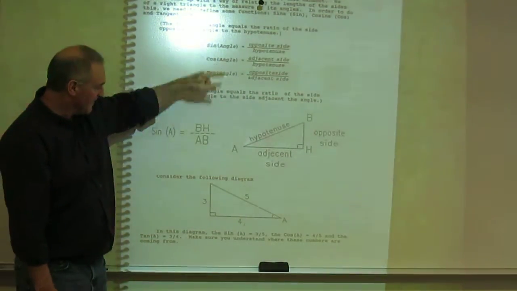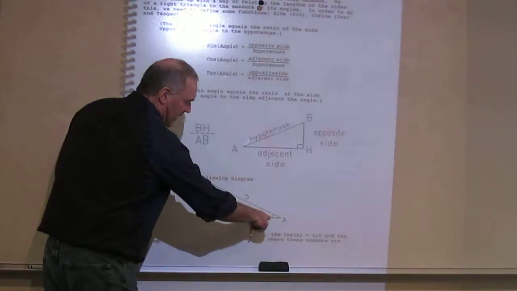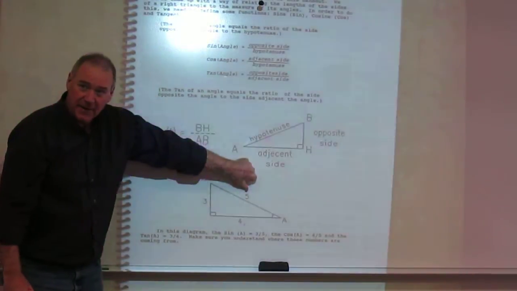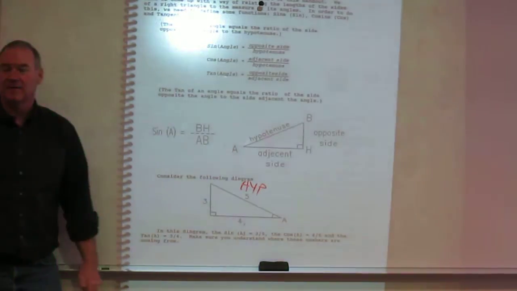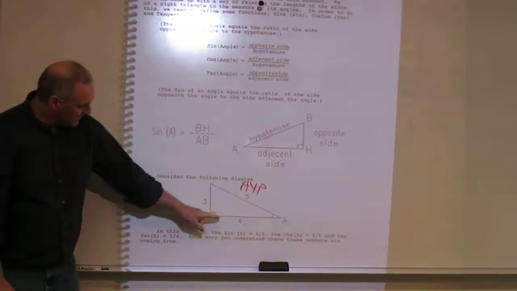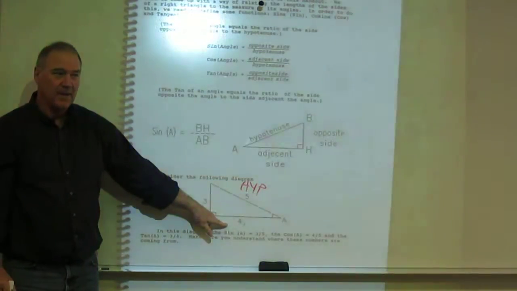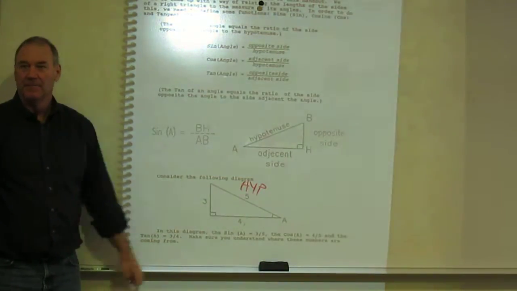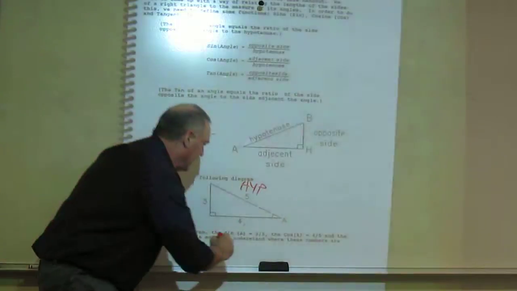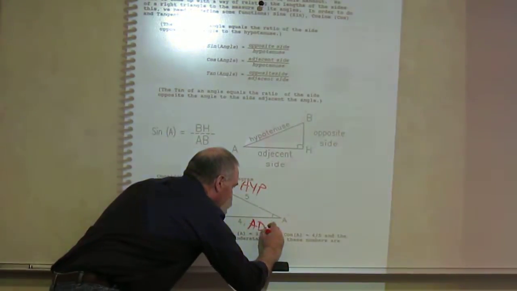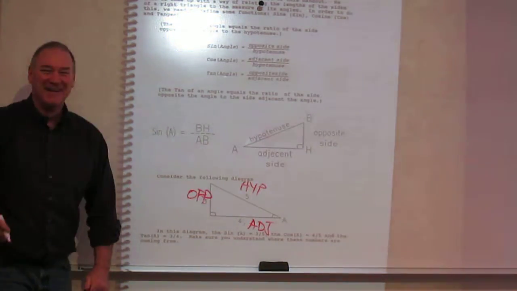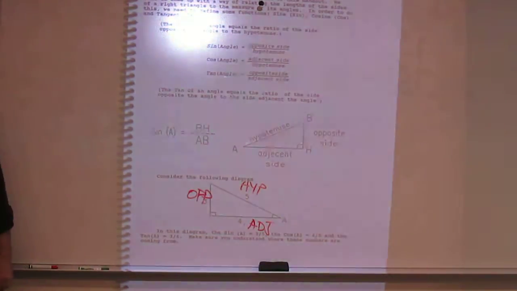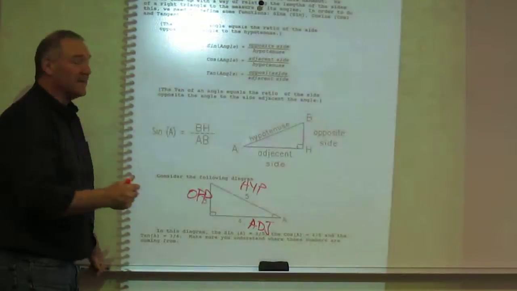Since we're dealing with this angle, this side right here, the 5, has to be the hypotenuse, correct? Now, the side that's labeled 4, what is that going to be labeled? Adjacent. That's going to be my adjacent side. And I won't ask on this one, because that's opposite.